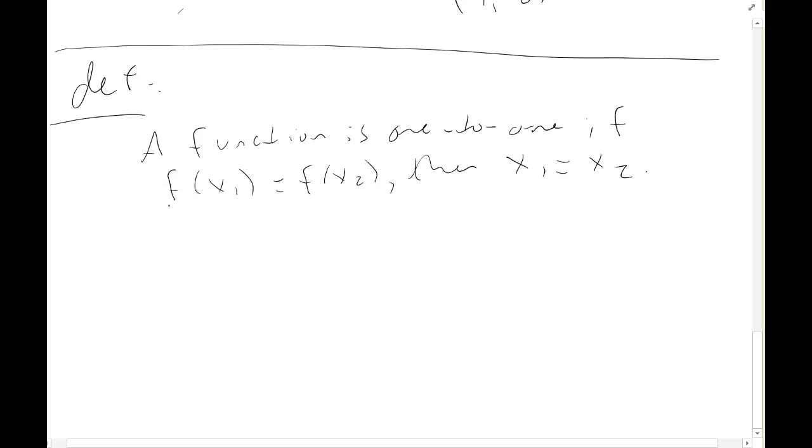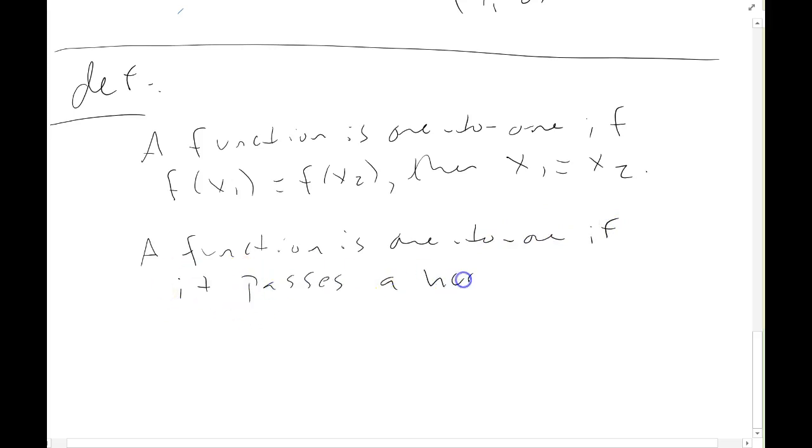Or, probably more intuitively, a function is one-to-one if it passes a horizontal line test. And this is probably the more practical definition for us. This is the one that we use in practice.